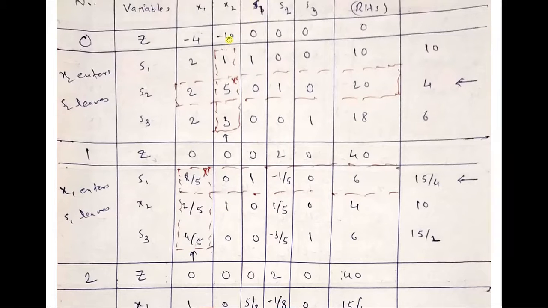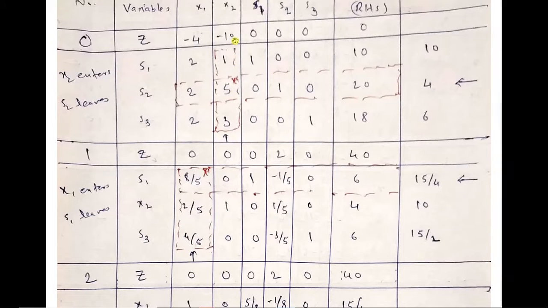So here minus 10 is there. So we will multiply this x2 by 10 and we will add this with this z. So operation in z is z plus 10x2. So minus 4 plus 2 by 5 into 10, so minus 4 plus 4, that is 0.